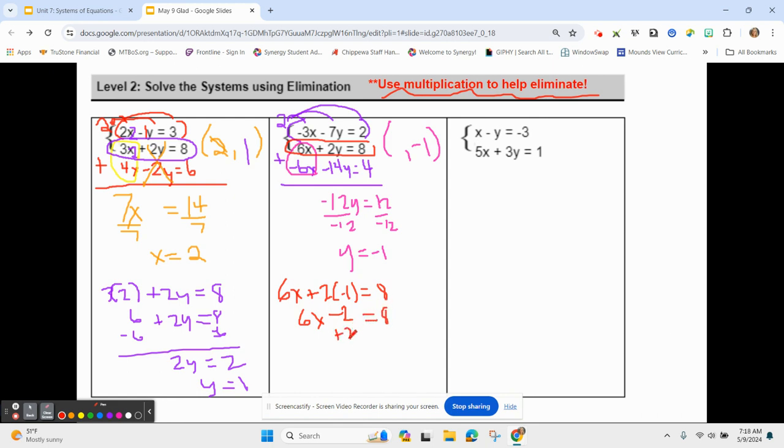So I need to add 2 to the left, add 2 to the right. I get 6x equals, oh gosh, that doesn't seem right. I'm going to pause.